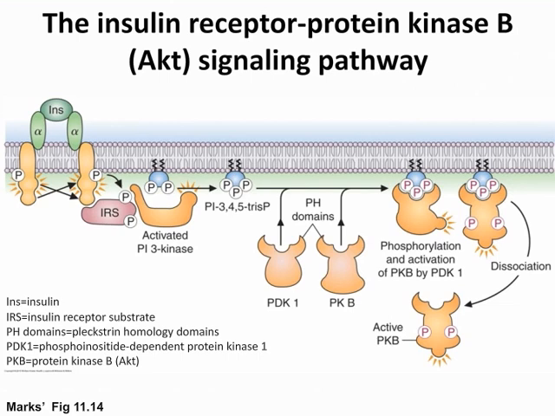Protein kinase B, also known as AKT, and PDK1 are recruited to the membrane by their PH domains. PDK1 is going to phosphorylate and activate protein kinase B.